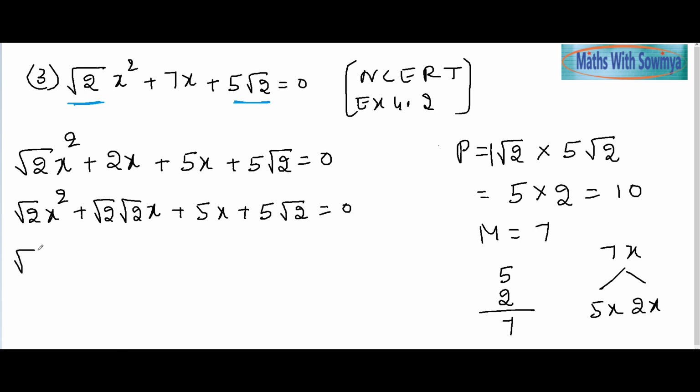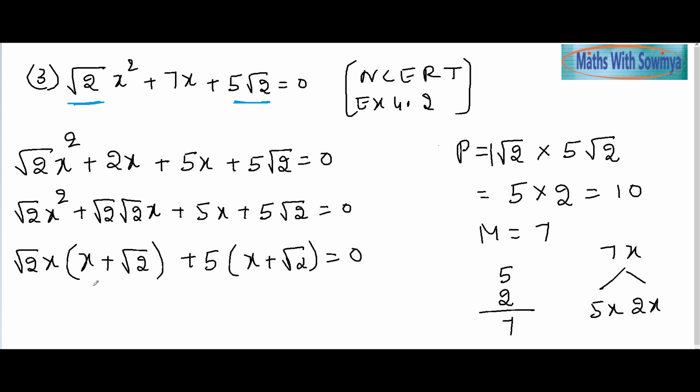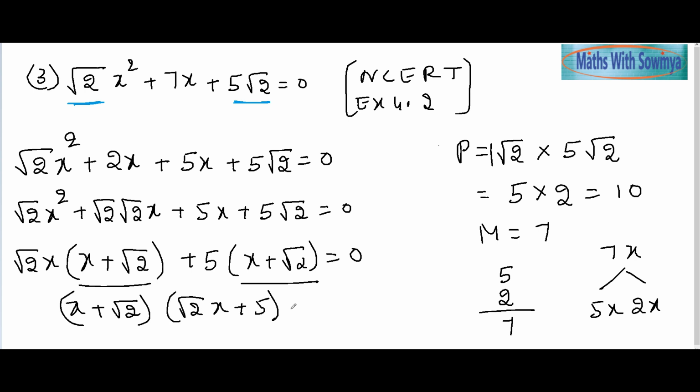Here we can take root 2x now common. So you have x plus root 2. Now here 5 common, x plus root 2, 0. So now x plus root 2 is the common factor for you. This will give you root 2x plus 5, equal to 0. Now equate because the product is 0.